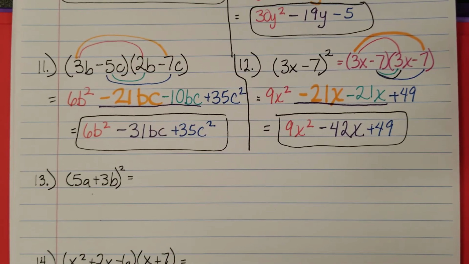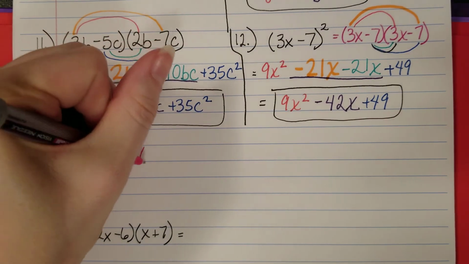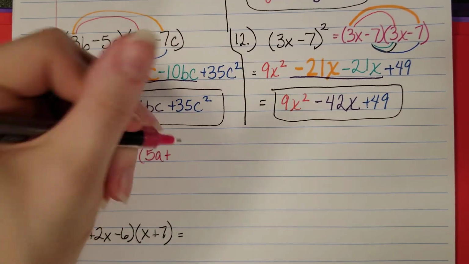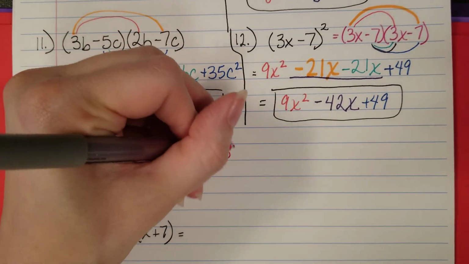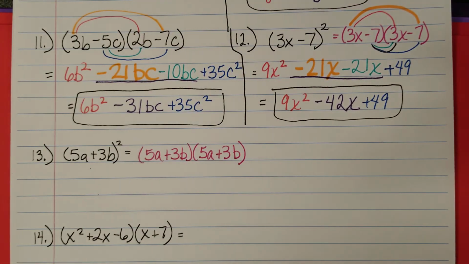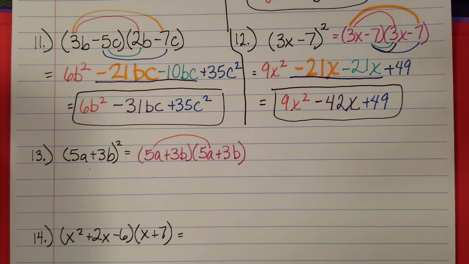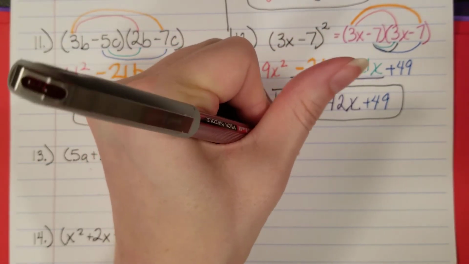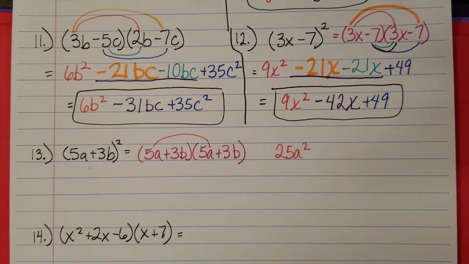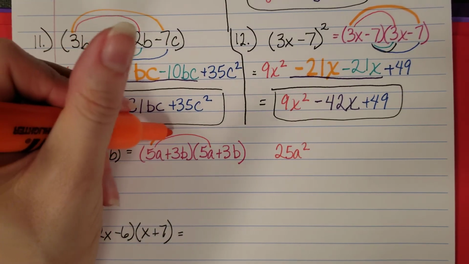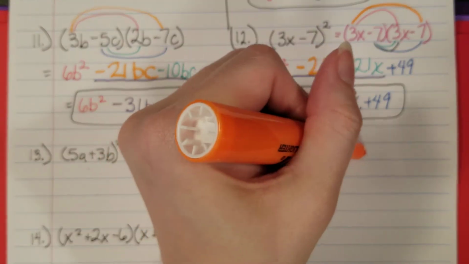So number 13, same thing. We're going to need to write that out and then FOIL it. It's going to be 5a plus 3b times 5a plus 3b. So first, 5a times 5a equals 25a squared. Outside, 5a times 3b would be plus 15ab.